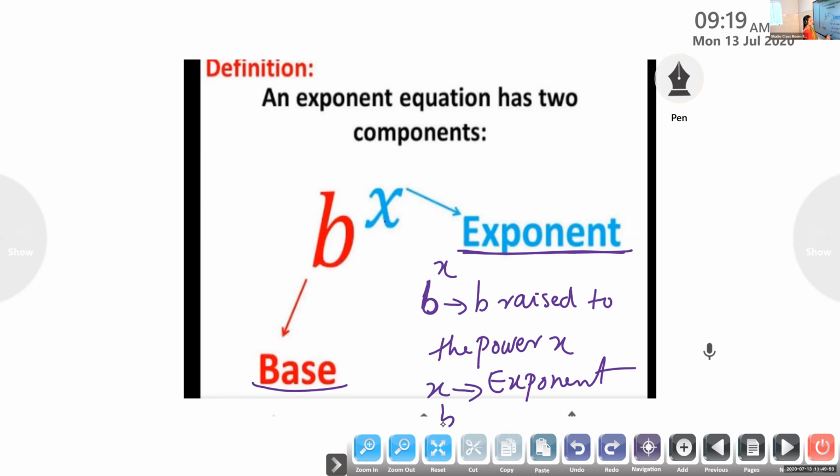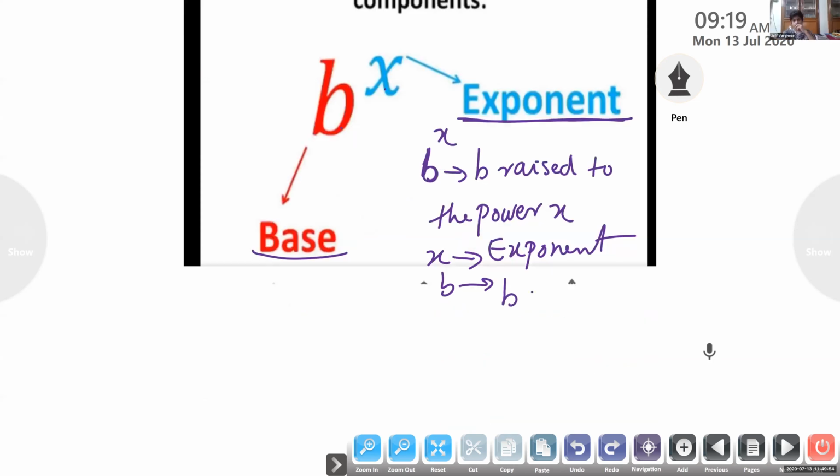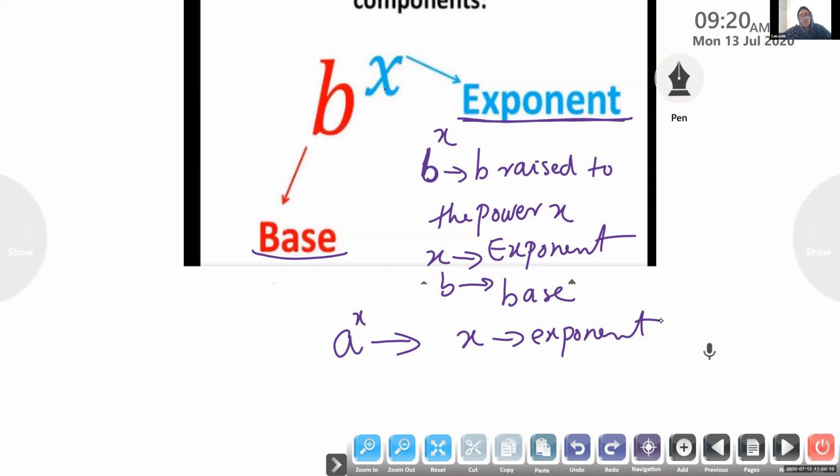And b is the base. B is called as base. So in a raised to x, which is exponent and which is base? X is exponent and A is base. Okay.